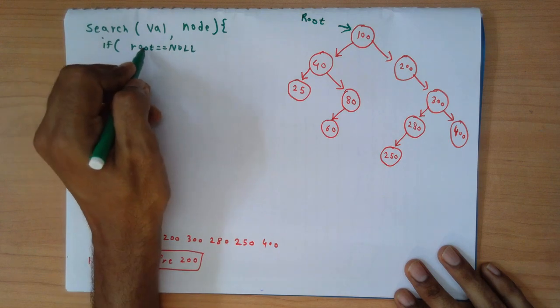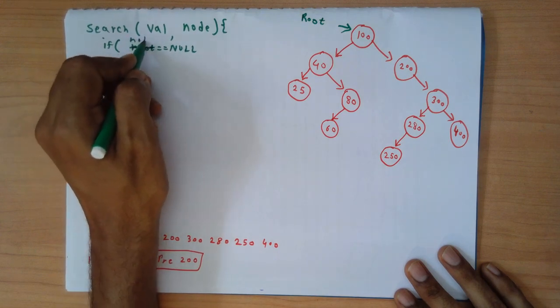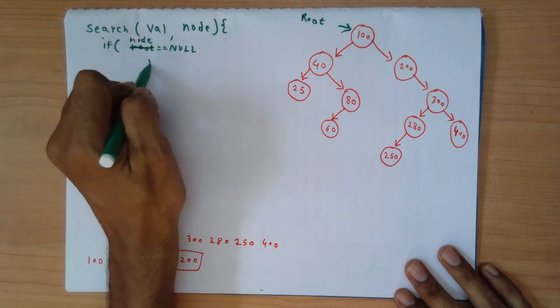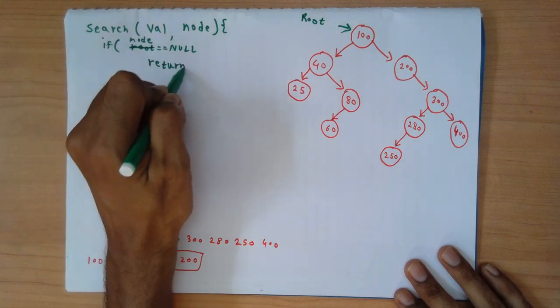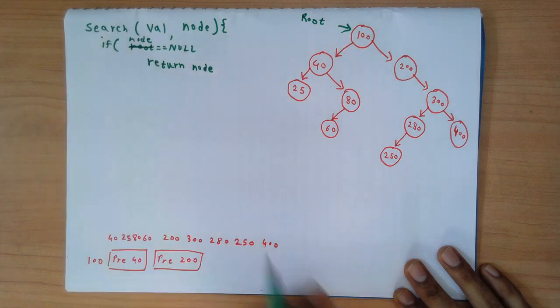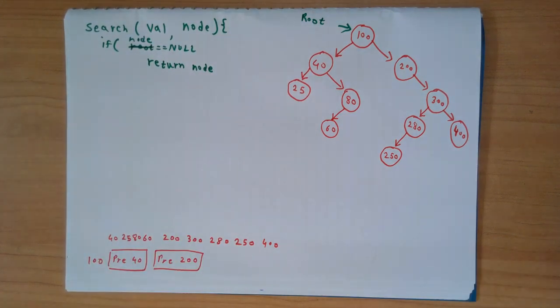So instead of root, I would say the node that is given to me. If the node that is given to me is null, I would simply return the node. So this will return a null value, and my client code would know that the value is absent.